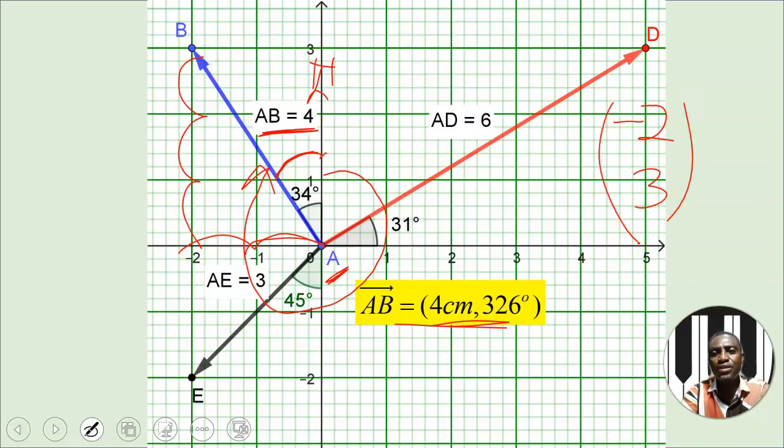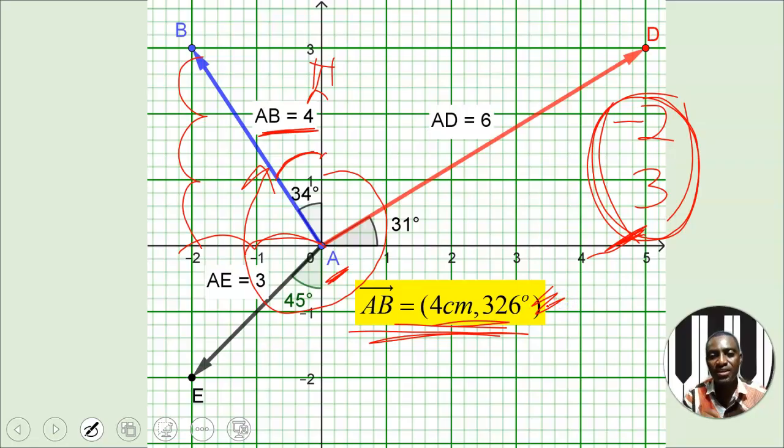So if I write it in component form, this is what I have. In magnitude bearing form, this is what I have. They are the same because I can convert from component to magnitude bearing and vice versa. It's part of the course we'll do in future.